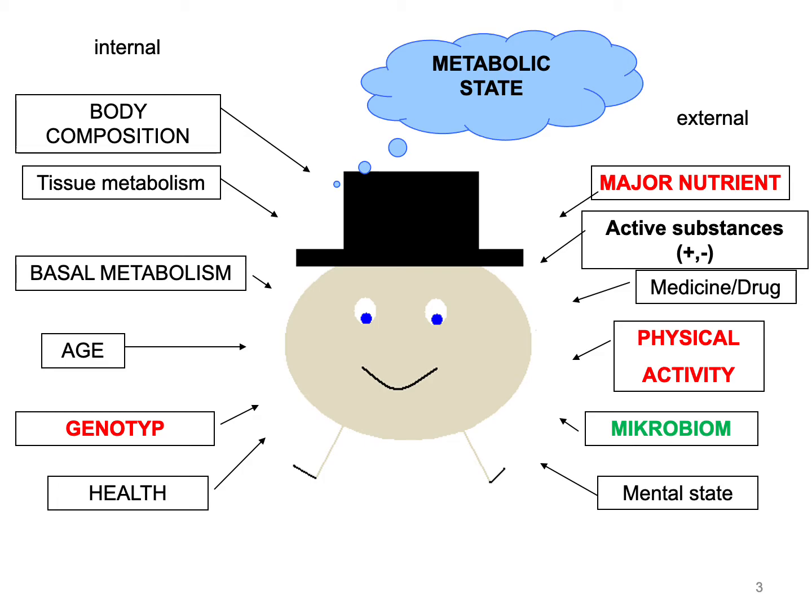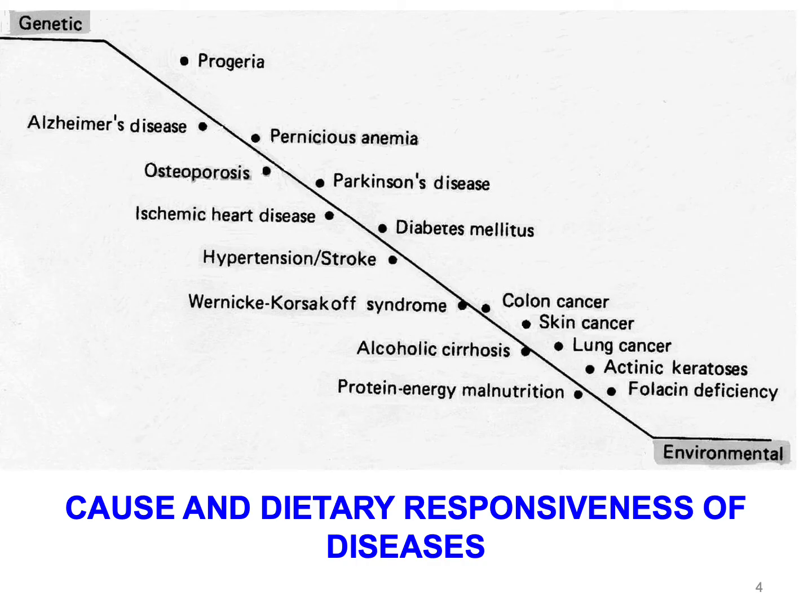Here on this figure, you can see the causes and the dietary responsiveness of diseases. You have a line, and the genetic end of the line shows that diseases close to that point are mostly determined by the genetic background, like progeria or Alzheimer's disease.